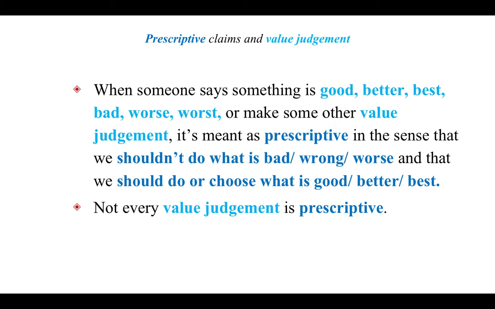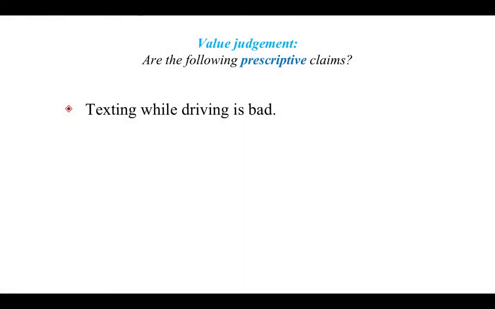Now, let's jump into the next one. When someone says that it's good, better, best, bad, worse, or makes some value judgment, that is meant as prescriptive, in a sense that you should or should not do something. But you have to remember that not every value judgment is prescriptive. Let's take a look at some examples first. Texting while driving is bad.